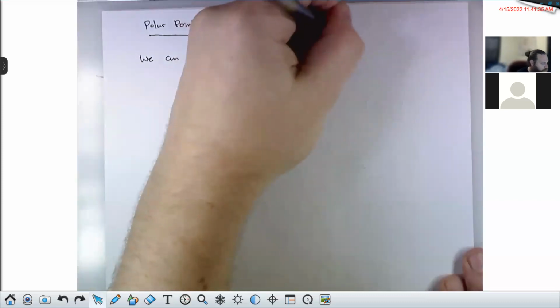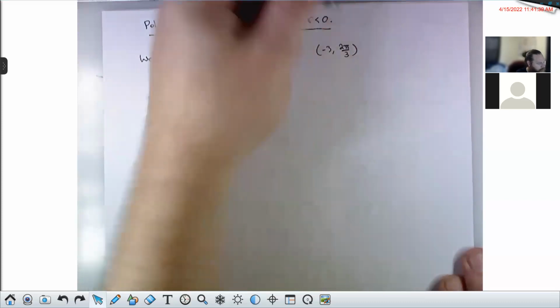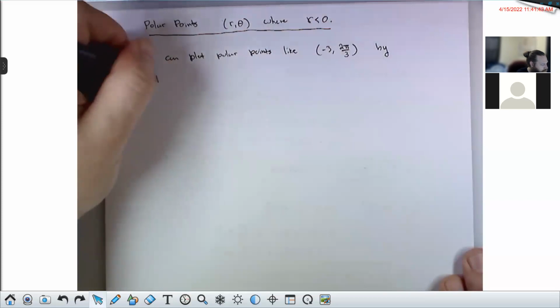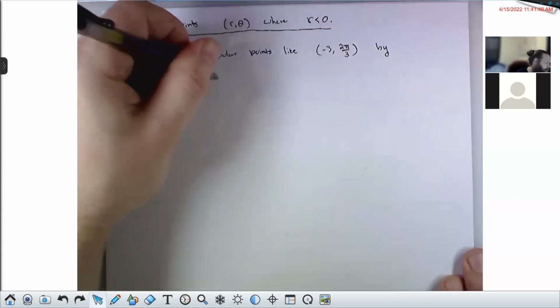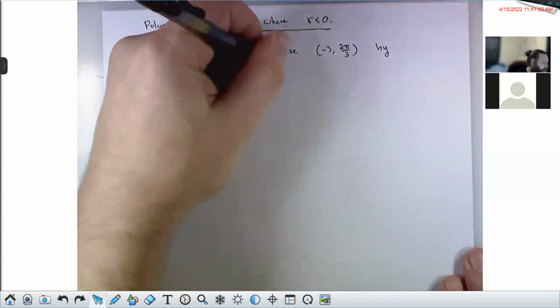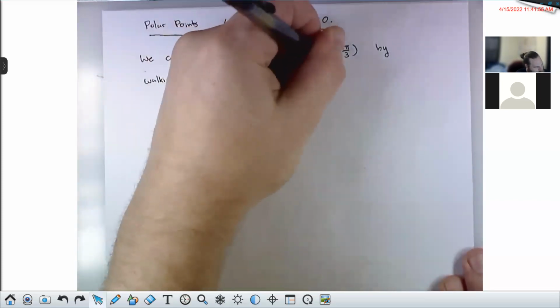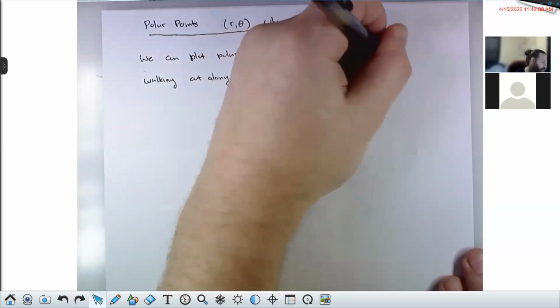How about -3 comma 2 pi over 3 by walking out along the, call it the negative polar axis, then rotating.